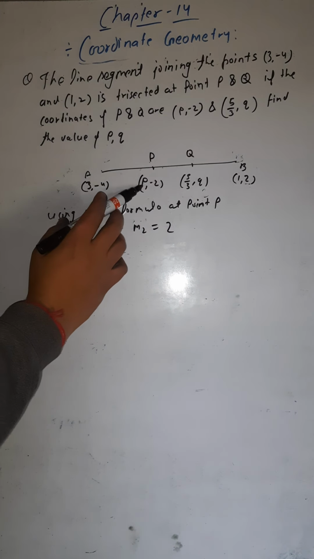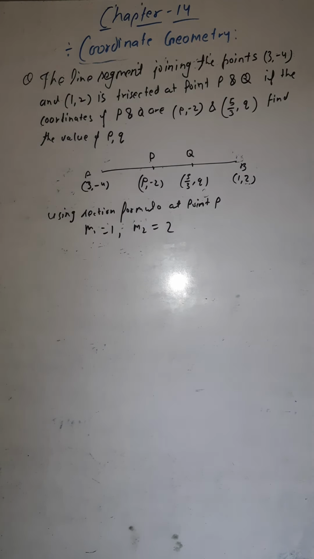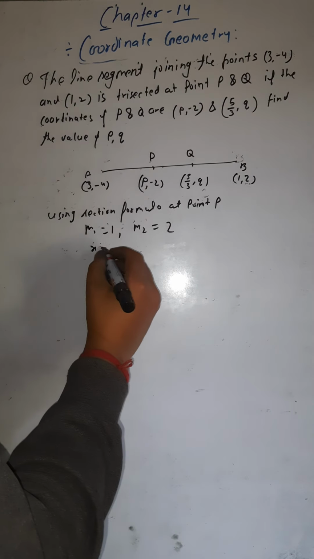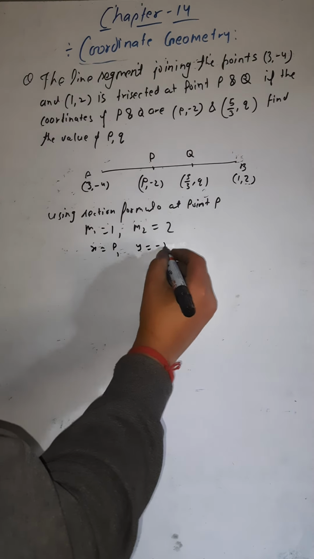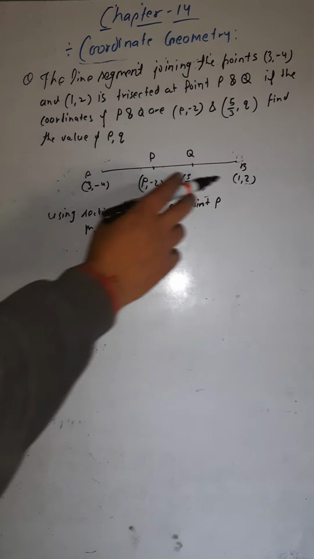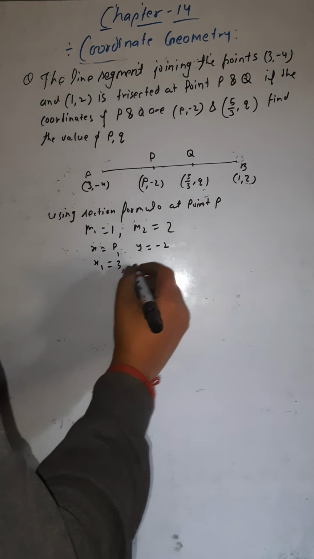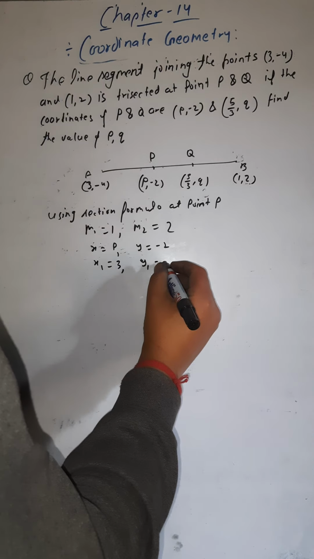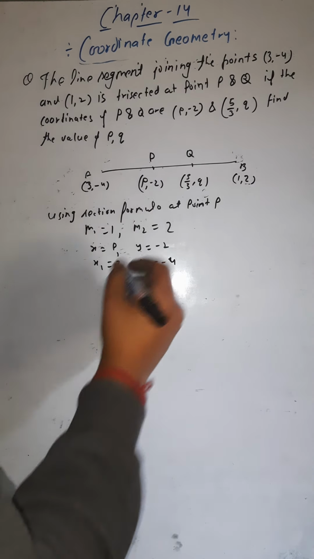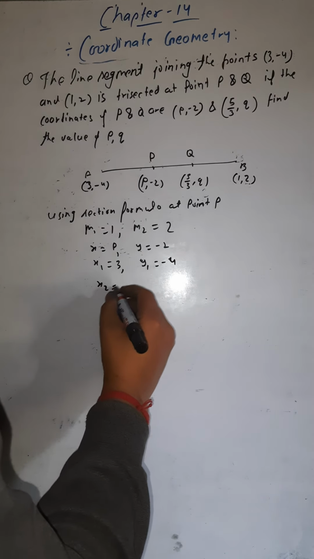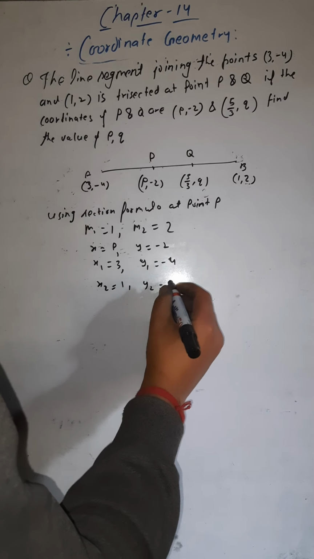And the value of X is P and the value of Y is minus 2. X1, Y1, X2, Y2 you know: X1 is 3 and Y1 is minus 4. Similarly, X2 is 1 and Y2 is 2.